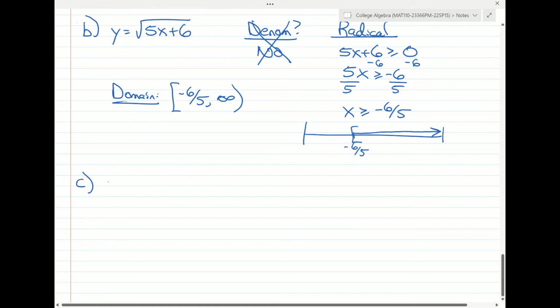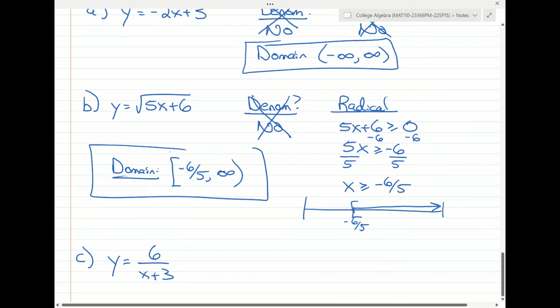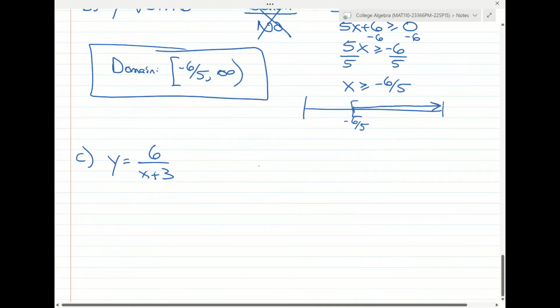What about if we had y is equal to 6 over x plus 3? You guys see a denominator? Yeah, so what we say is x plus 3 cannot equal 0. So x cannot equal negative 3. Obviously, there's no radical.